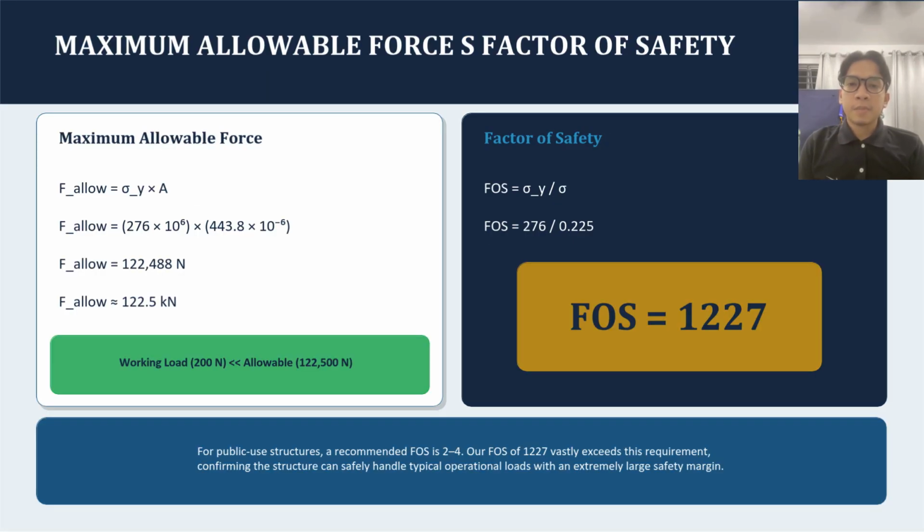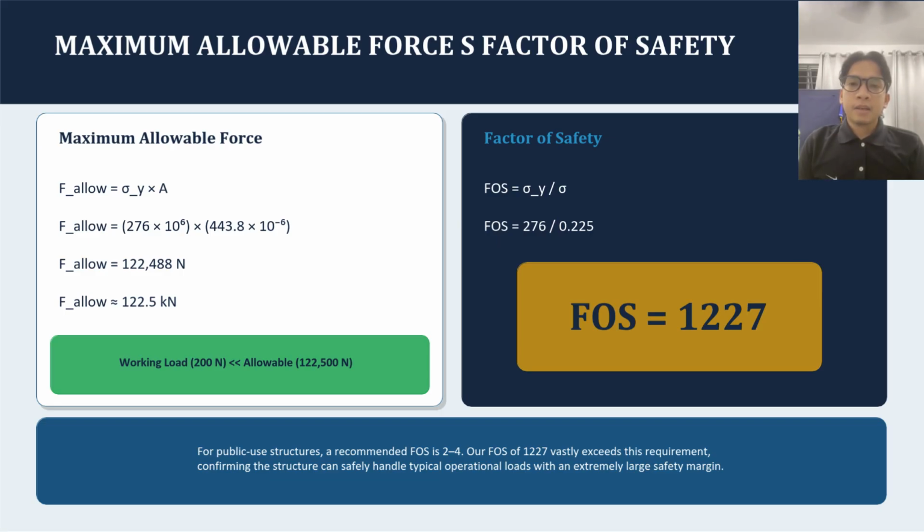Next, we determine the maximum capacity and the safety margin of our design. By multiplying the yield strength with the cross-sectional area, we found that the maximum allowable force per vertical member is approximately 120.5 kilonewton. This shows our 200 newton working load is minuscule compared to what the structure can theoretically handle.